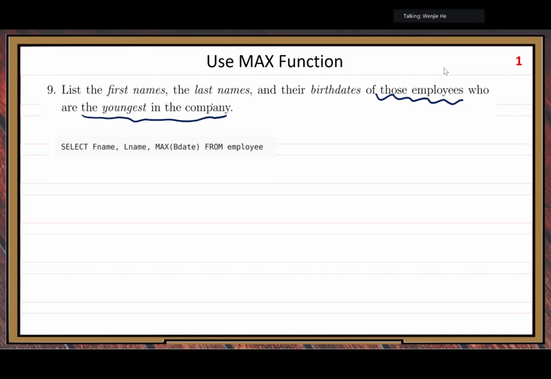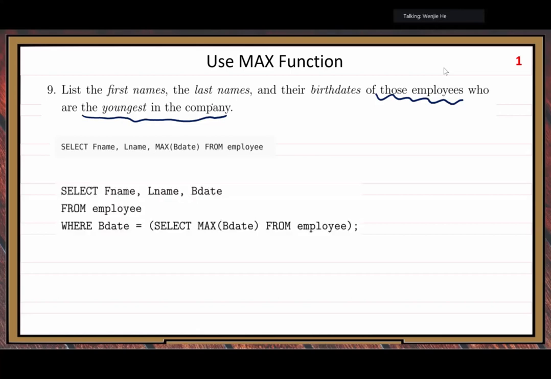We want to list all employees that satisfy the condition, so try to avoid this problem. For all, you can use this way: b date equals an inner query. You put the inner query inside parentheses, and this inner query generates the max number.